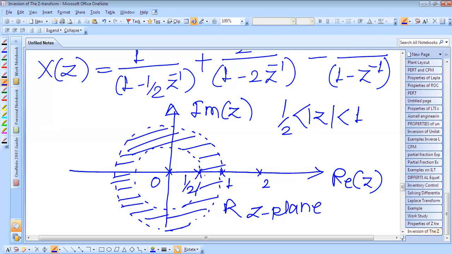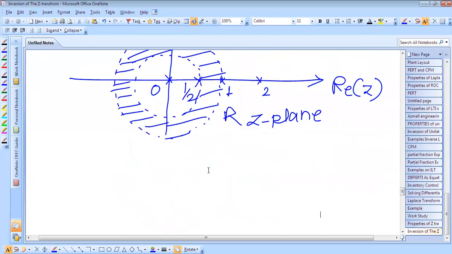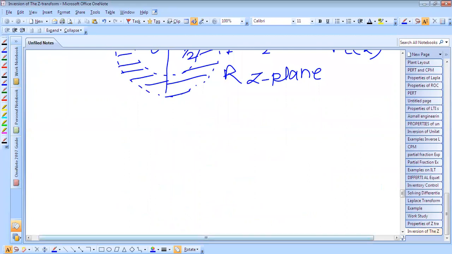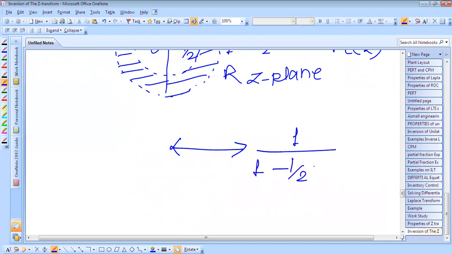So the first term has a right-sided inverse transform. Comparing with the general form, this is the value of dk and this is your ak.